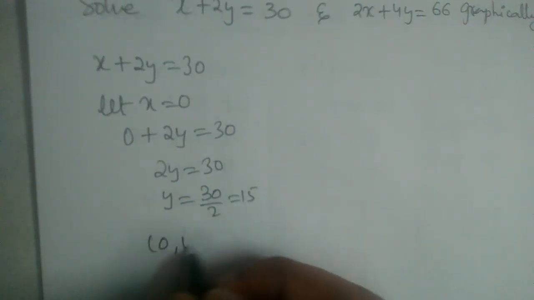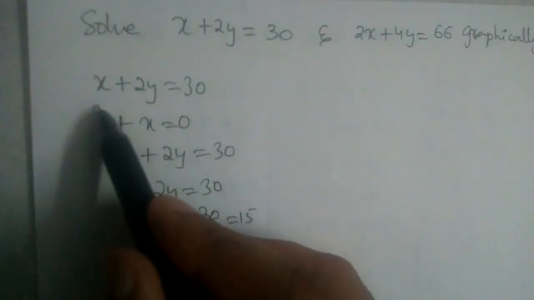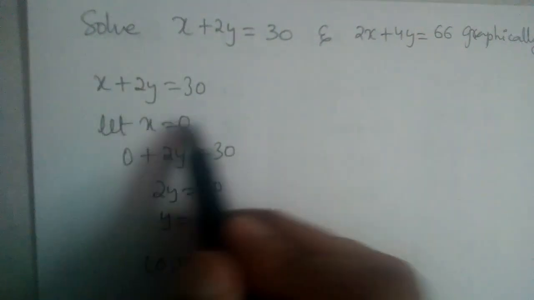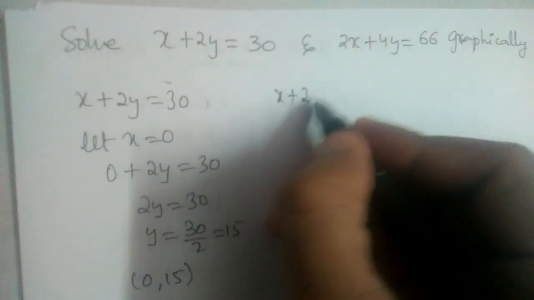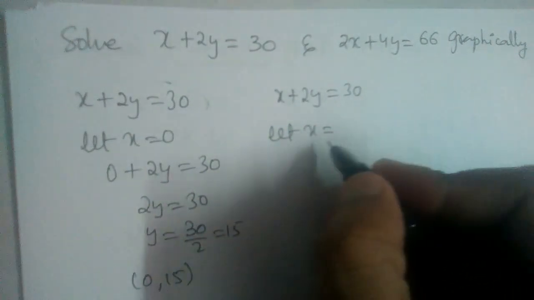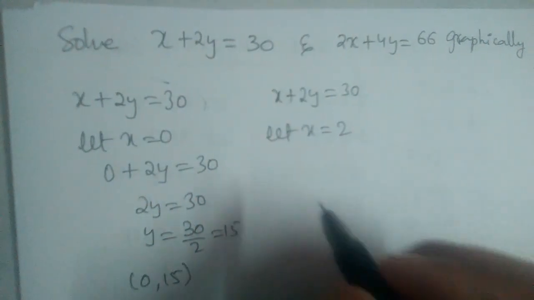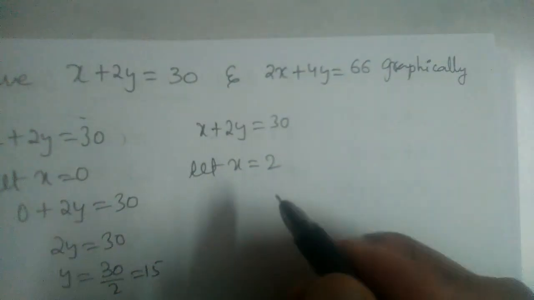So this is 0 comma 15. Okay, 0 comma 15 is one of the many solutions of this equation. Okay, now let us write the equation again and let us substitute x is equal to, let us say, 2. Why are we substituting 2 here? See, we should do smart work here.